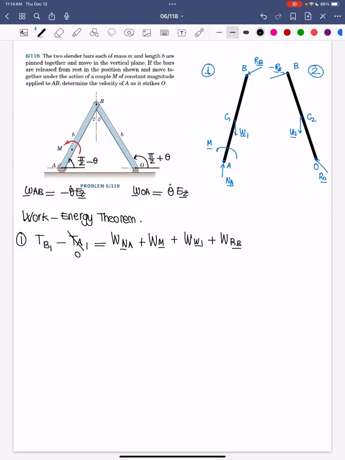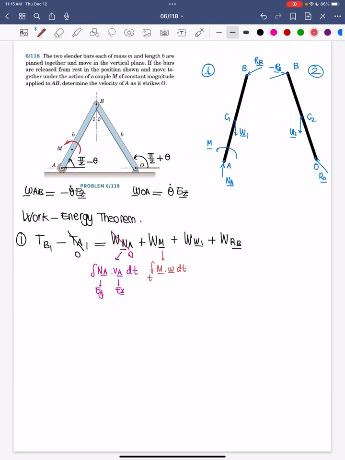Very well. The work of NA is the integral of NA dot VA dt, and we notice that NA is along Ey, VA is along Ex, hence this dot product is 0 and the work of the normal force is 0. The work of the moment is the integral of M dot omega dt.